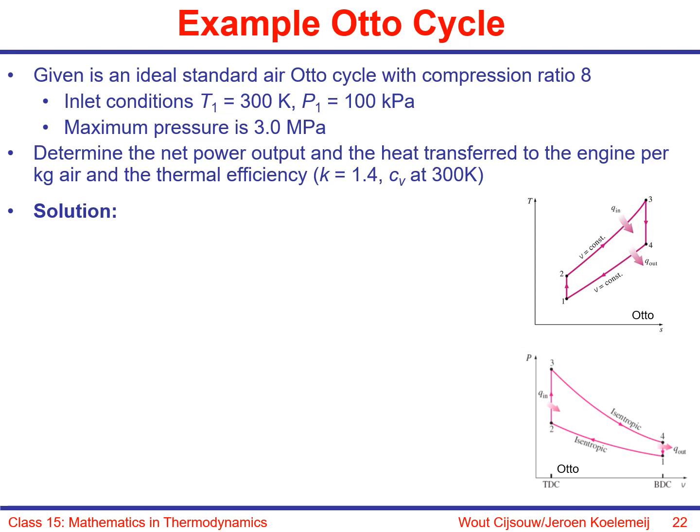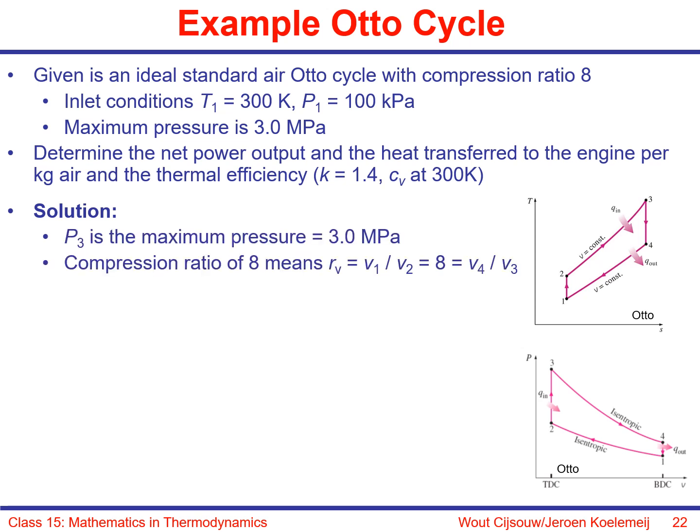So Cp to Cv, that's also denoted as k. And you may wonder, what Cv should I be using now? Well, it's the ideal air standard Otto cycle, so it's Cv of air, and in this case, it's at 300 Kelvin. Now let's take a look at the solution.